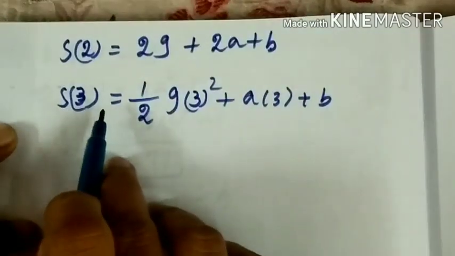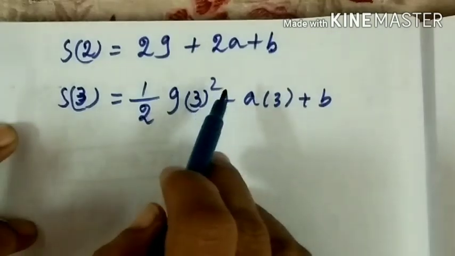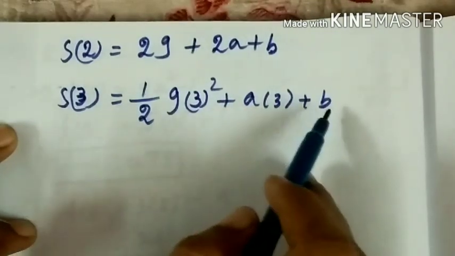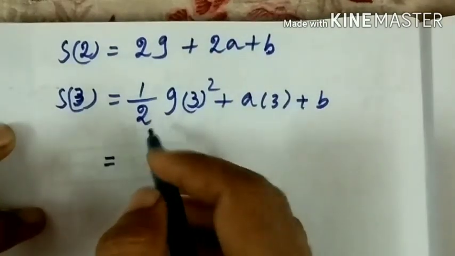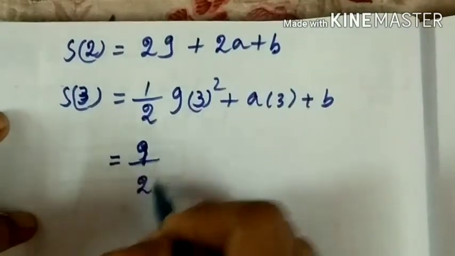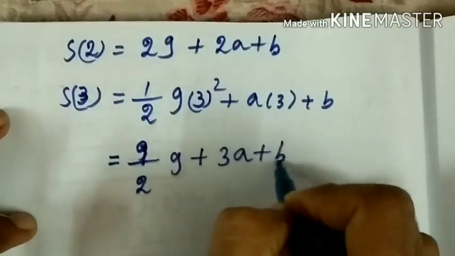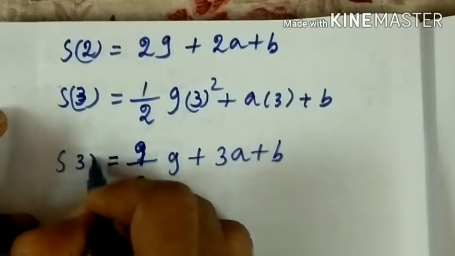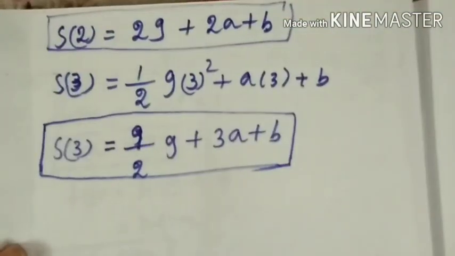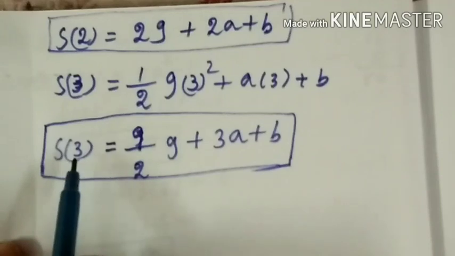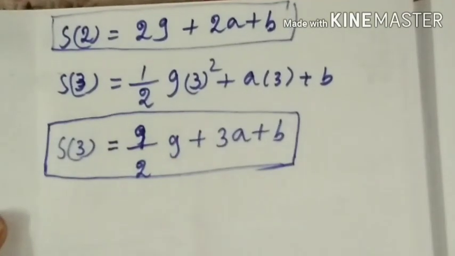Then next we find s of 3 equal to 1 by 2 g into 3 the whole squared plus a into 3 plus b. Now you simplify this, you get 9 by 2 g plus 3a plus b. This is the value of s of 3. Now we have different values of s of 1, s of 2, s of 3.